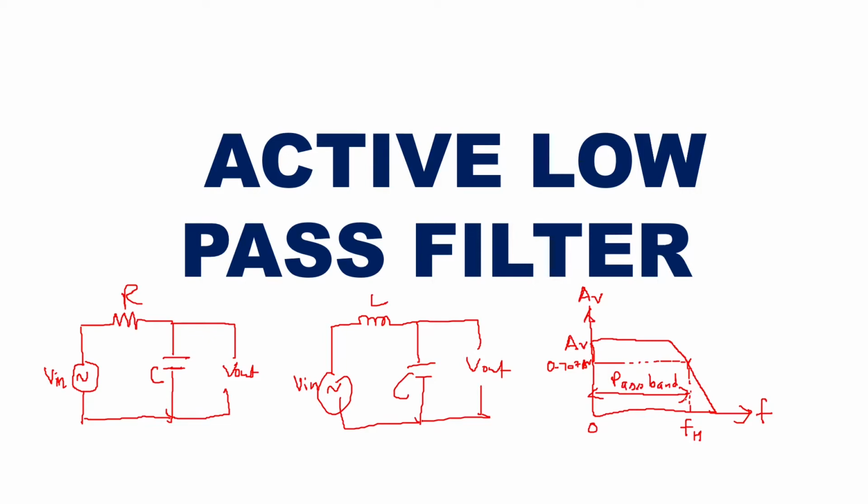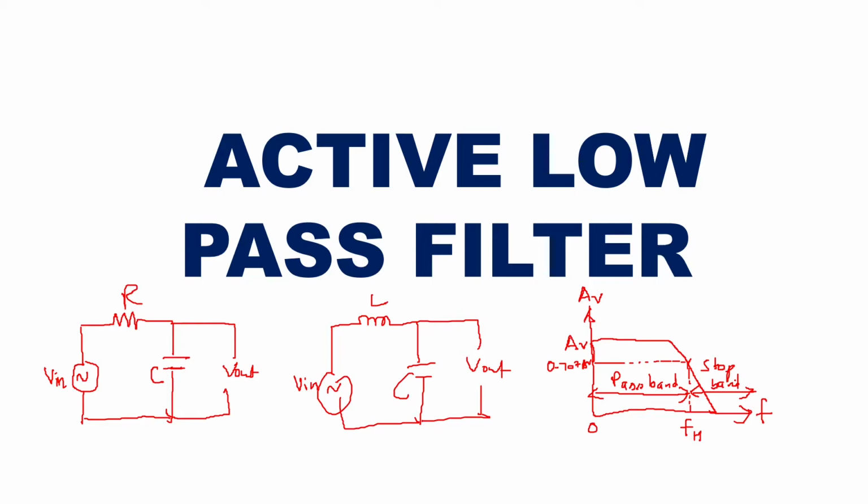All the signals above that specified frequency will be rejected, and this is called the stop band. This is the basic definition of a low pass filter, and today by using an op-amp with the passive components R and C, we'll build an active low pass filter.